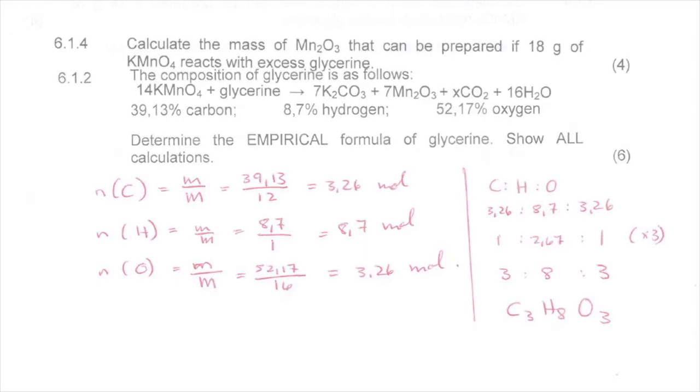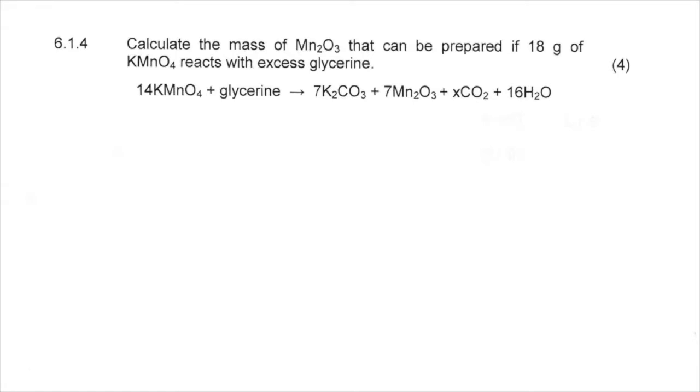C3H8O3. In 6.1.4, they ask us to calculate the mass of manganese oxide that can be prepared if 18 grams of potassium permanganate reacts with an excess of glycerin. So here what is important is they give us 18 grams of potassium permanganate and they ask us the mass of the manganese oxide.